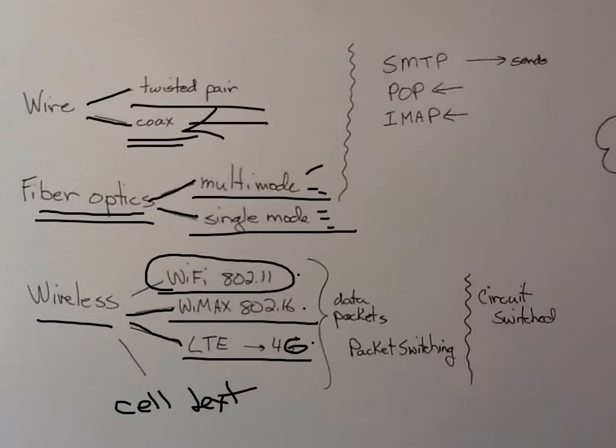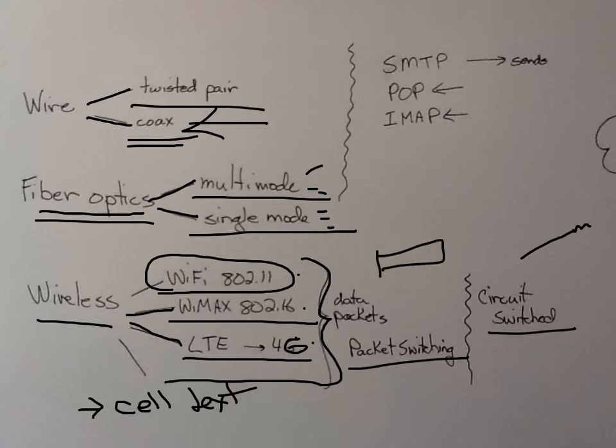It's not going through the internet either. It's going through the phone system, the cell system, which is typically a circuit switch system. You either have a connection or you don't have a connection. Whereas packet switching, these are all packet switching here, in which it builds a data packet with the information in it and then it sends it. We'll talk more about that later on.